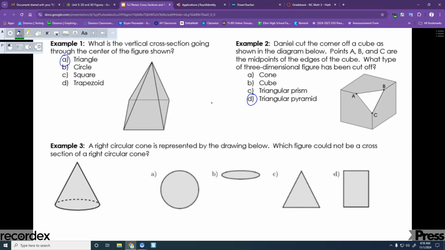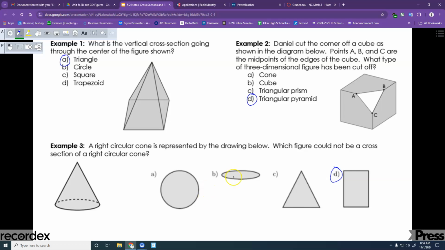Okay, I think 3 is an interesting question. In fact, that cone that Kaylee has back there could help us answer. A right circular cone is represented by the drawing below. Which figure could not be a cross section? Which one? D. It's going to be D. How would we get the circle? We'd karate chop it this way, right?